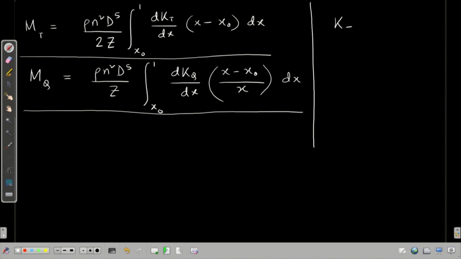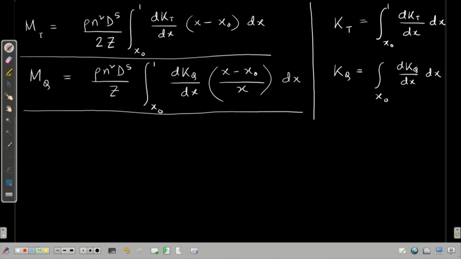Now, we can write kT as the variation of the kT over the radial location integrated in this manner, and kQ similarly using the variation of the torque coefficient over the radial location. Now, we will use these expressions for kT and kQ in the equations for the bending moments.